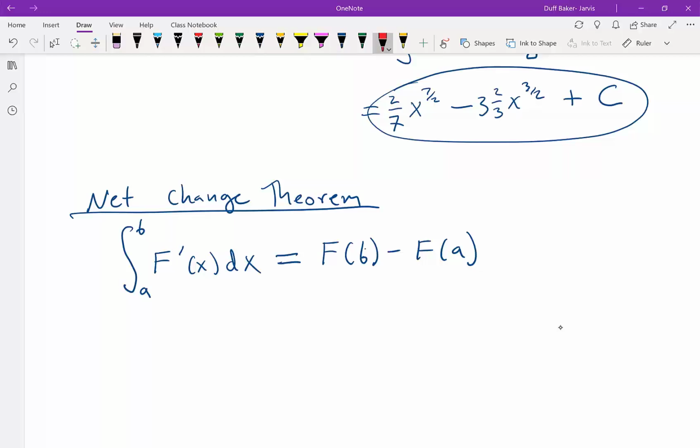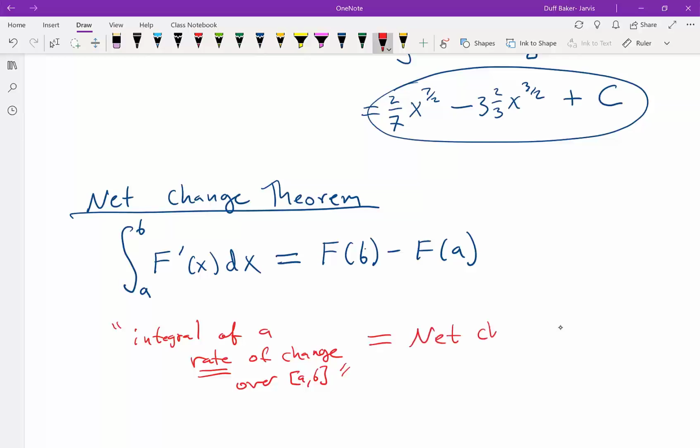But it's useful to think about this way, because what this is saying is that the integral of a rate of change, so something that involves a rate, over some time period or distance or something, is equal to the net change in the original function, the not-rate one.